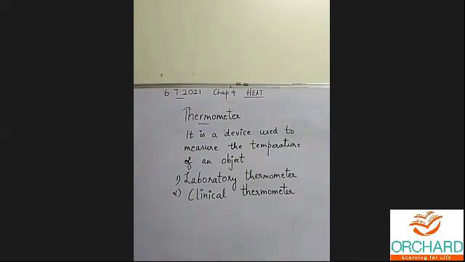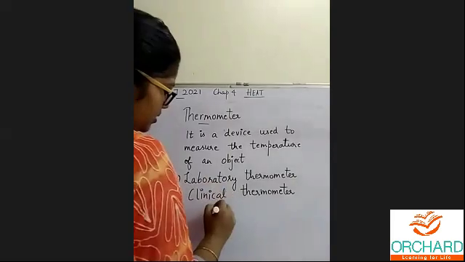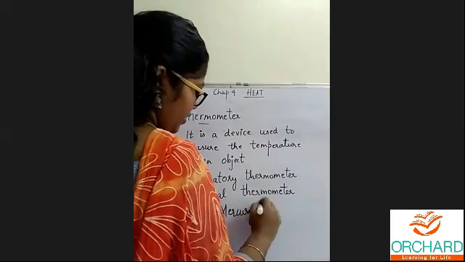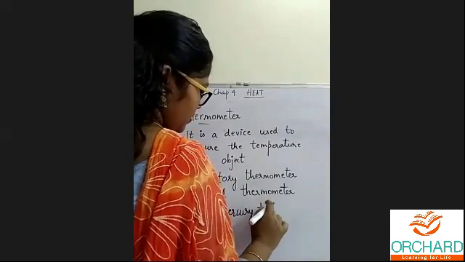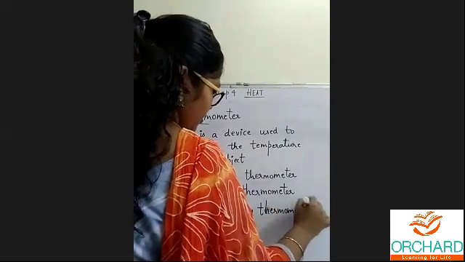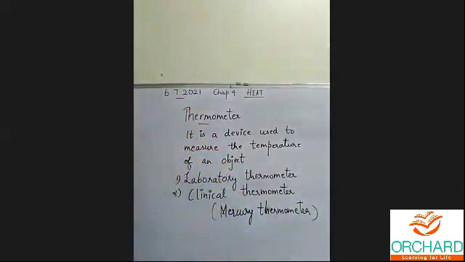Both these thermometers are mercury thermometers. That means they have mercury in the bulb. Liquid metal mercury will be there in the bulb of these thermometers. To start with, we will see about the laboratory thermometer now.